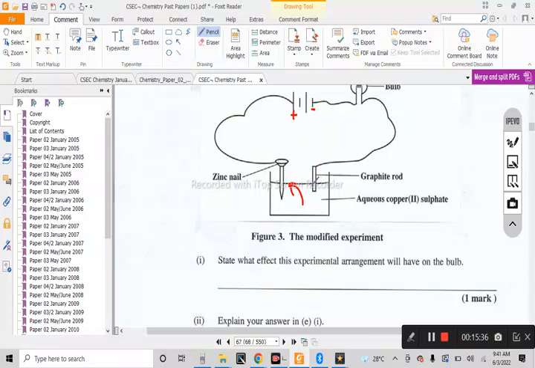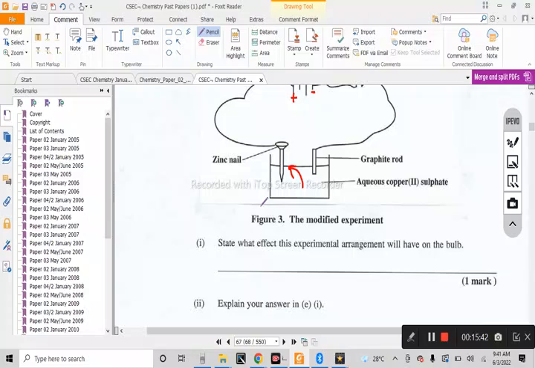Are we good? The bulb would light up. Anyway, take it that the bulb will light up.